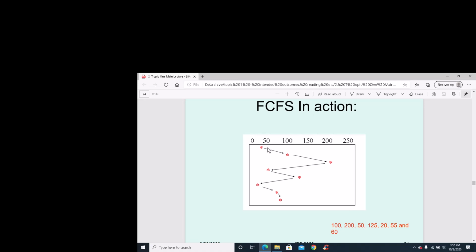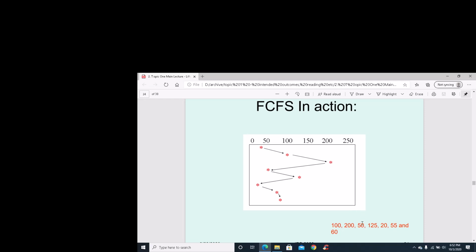And that necessitates moving the read-write head from cylinder number 40 all the way to cylinder 100. Then the second request is, look, read or write data from somewhere on cylinder 200. Do it. So the read-write head has to move from cylinder 100 all the way to cylinder 200.